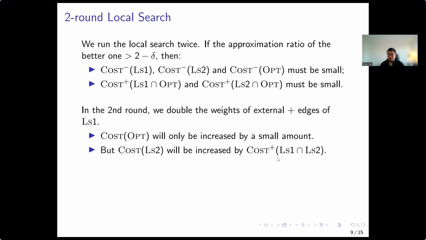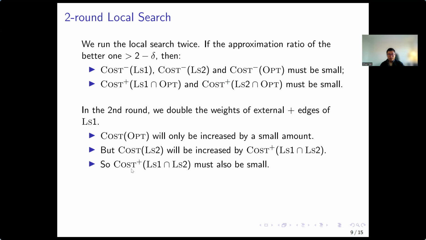So if this term is big, then what happens? Then when we go back to the original graph, we will know that LS2 is a very good approximation because it is a 2 approximation in the new graph. And when we go back to the original graph, the cost will be decreased by this amount.